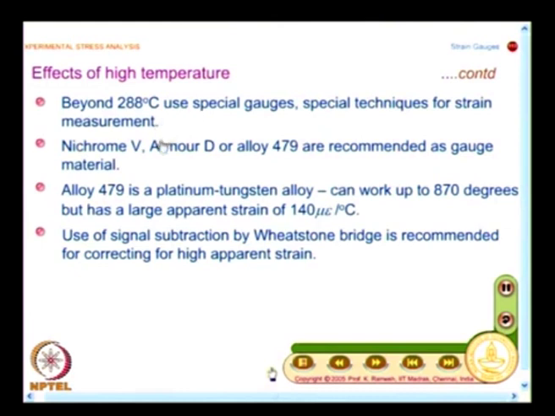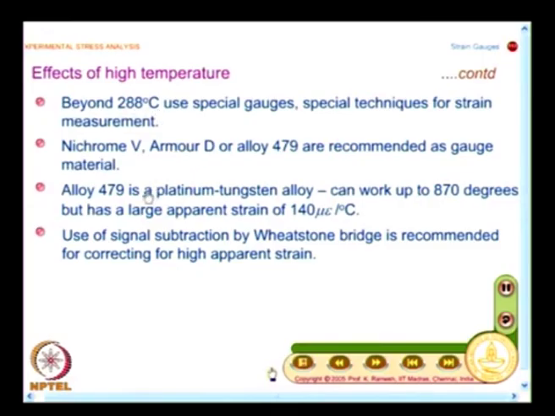And we looked at earlier also that you had different alloying materials available for making a strain gauge. You have nichrome V, armor D or alloy 479 available. They are recommended as gauge material for temperatures beyond 288 degrees centigrade.